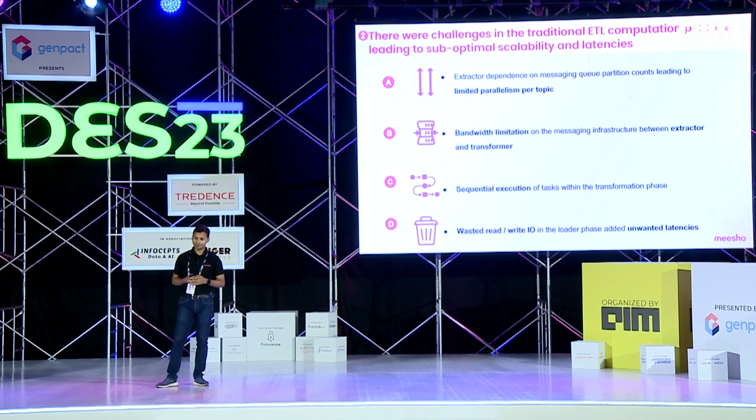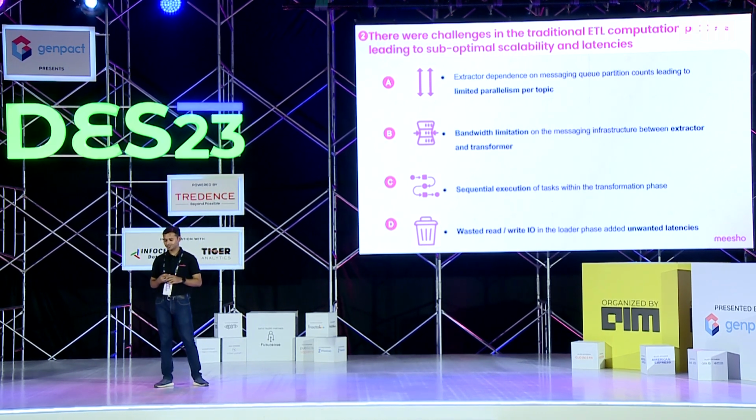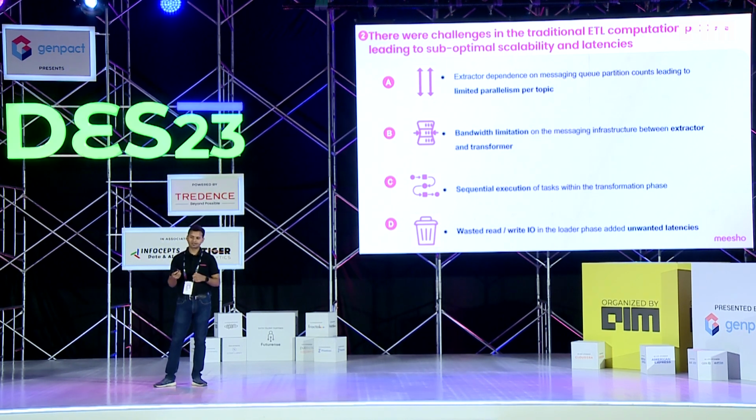Now, there were multiple challenges in the legacy ETL system that we had, and these are all engineering challenges which I'm going to speak about today. We had huge dependence on the messaging system in terms of scaling out the extractor workload.